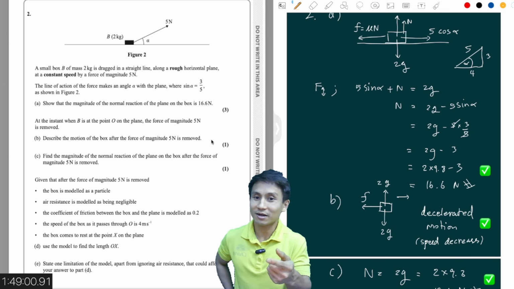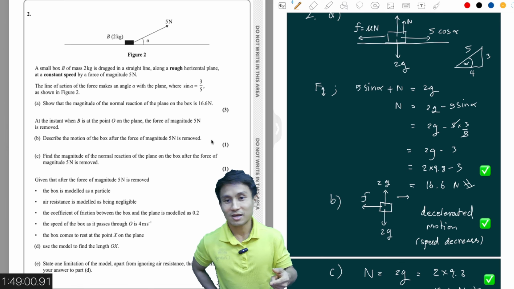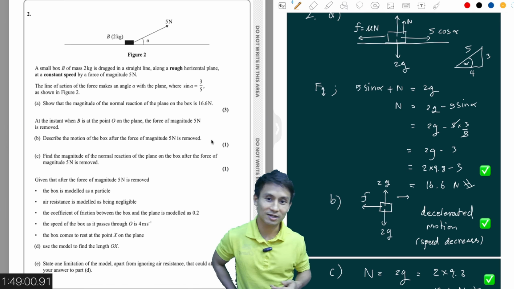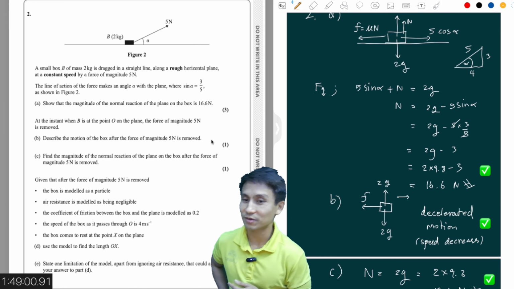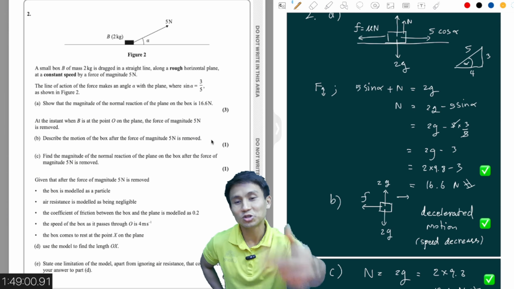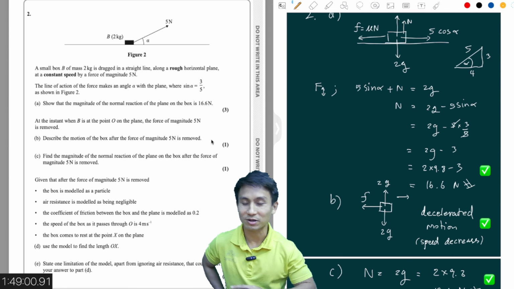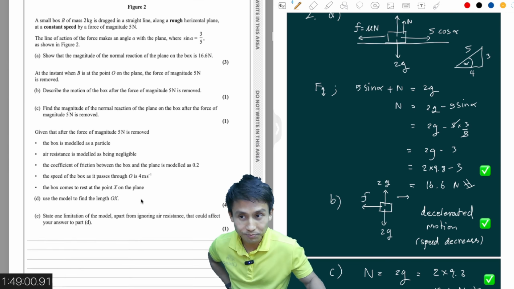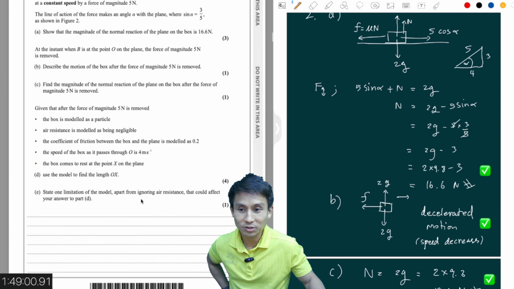Friction is always there. You can't remove friction. As long as the object is moving, there is always friction there, if the plane is rough, and it is. So when you have friction, you have deceleration. So eventually, this object will stop if there's no other force acting on it. Yeah, so that's part B, right?